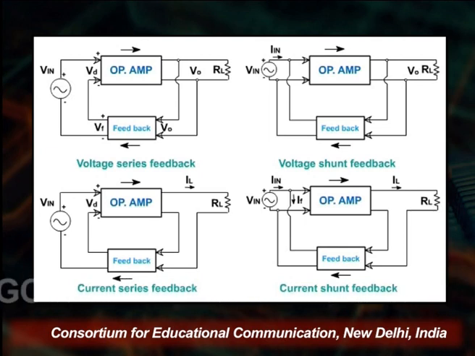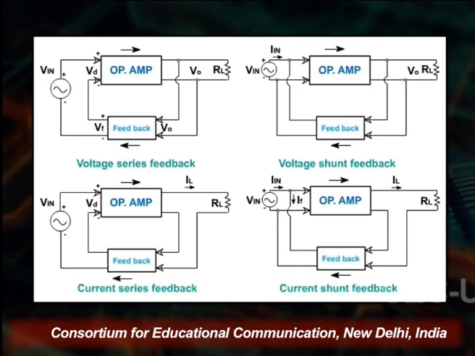So, voltage series feedback, as we can see, voltage is always measured in parallel. Hence, for both voltage series feedback and voltage shunt feedback, the output of the op amp is always tapped in parallel. So, herein we have on the right portion of the top two figures, the output of the op amp in parallel being tapped and fed to the feedback circuit.